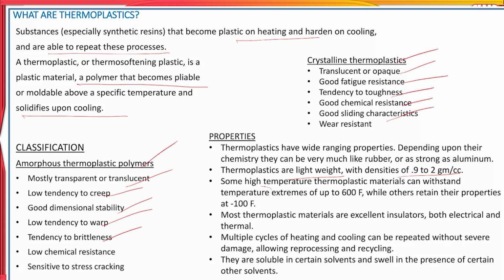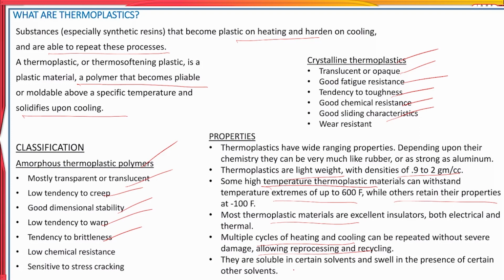Some high temperature thermoplastic materials can withstand temperature extremes of up to 600 degrees Fahrenheit, while others retain their properties at minus 100 degrees Fahrenheit. Most thermoplastic materials are excellent insulators, both electrical and thermal. Multiple cycles of heating and cooling can be repeated without severe damage, allowing reprocessing and recycling.